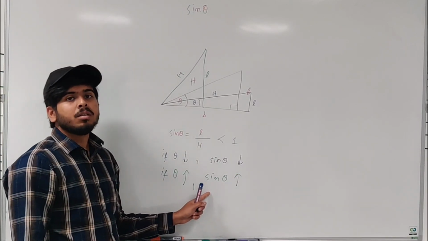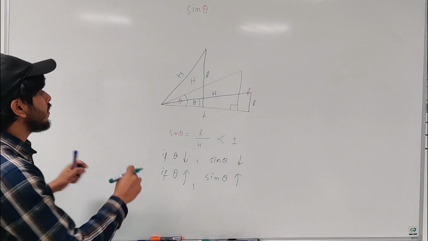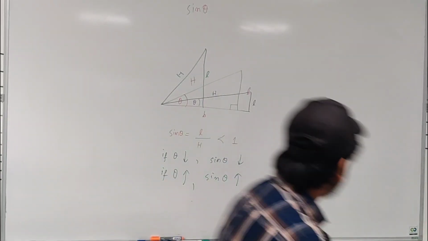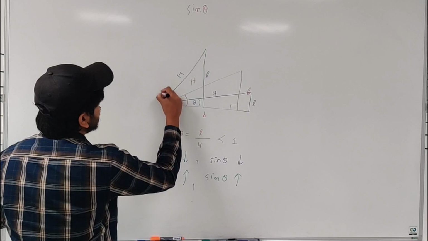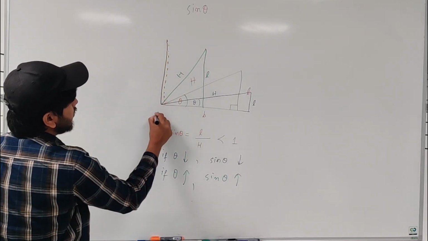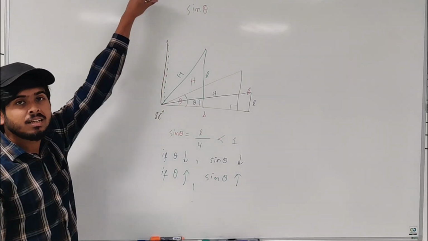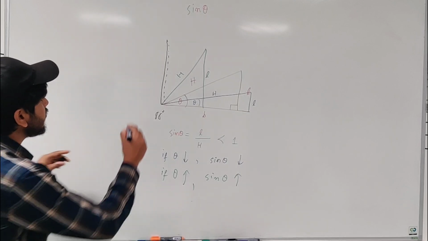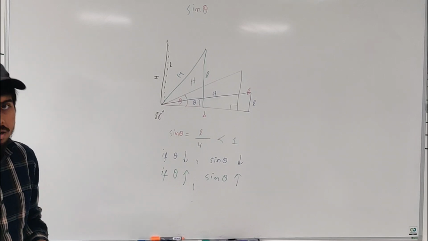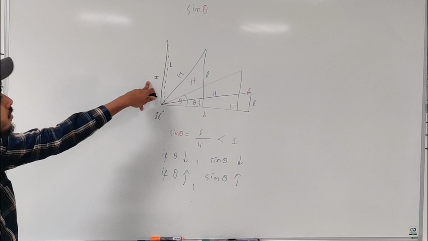But does it increase forever? If we keep increasing theta, does sine theta keep increasing? The answer is no. There's a limiting case again. Let's use the black one. My theta is approaching 90 degrees, very close to 90 degrees, like 88 degrees or something. So we have a very skinny triangle where H will be almost the same as L, because these two are coming very close together.